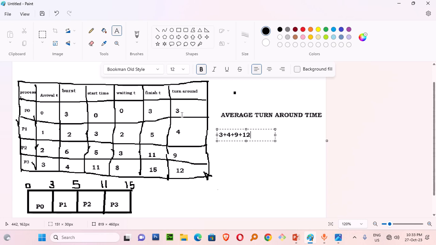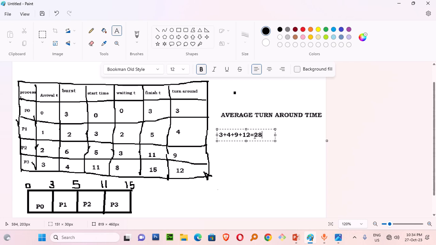So first of all, 3 plus 4 plus 9 plus 12 will be equal to what? Then after that, you divide it by 4. This is a simple calculation.